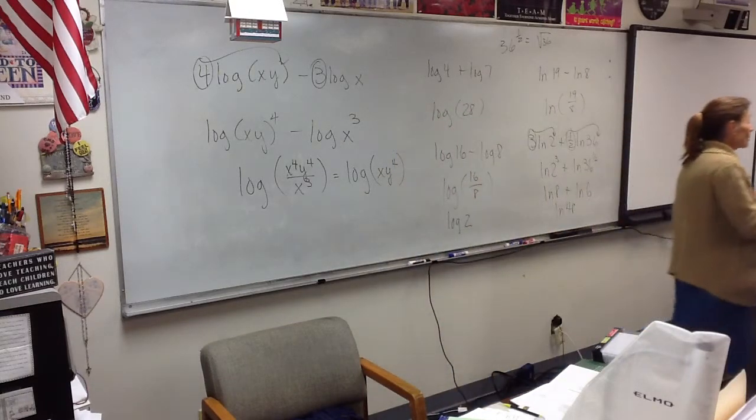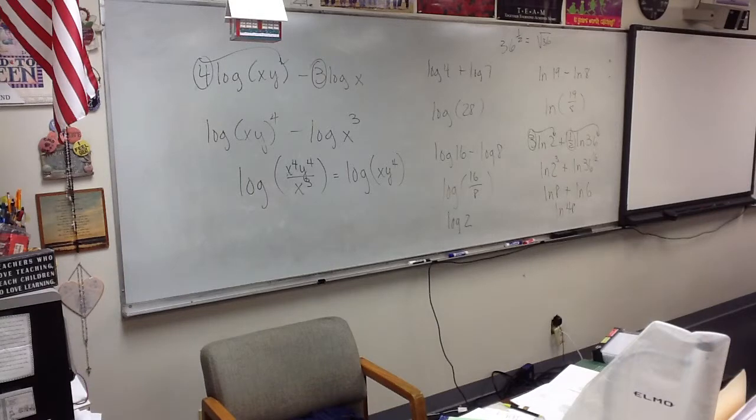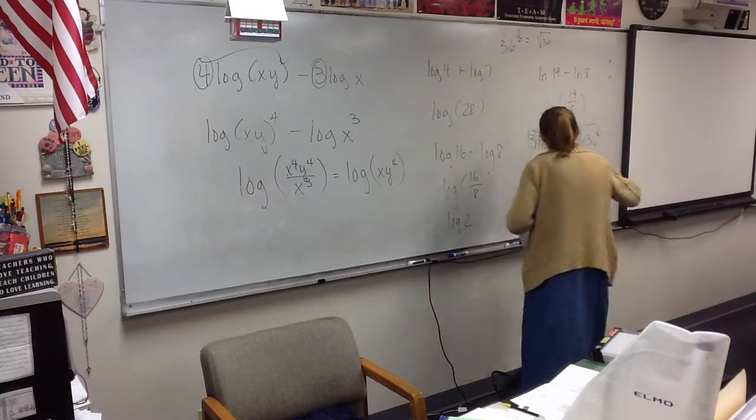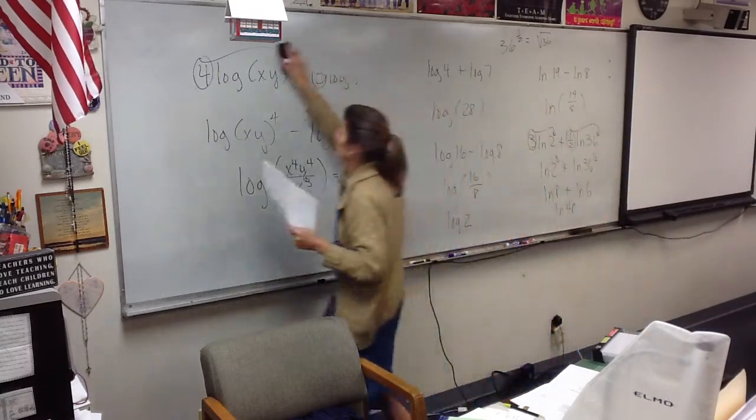Now, look at the next set of problems. These are the opposite. These are in one logarithm already, and you're going to pull them apart into 2 or more. So think about that for a second. Now we've got to put everything in reverse and think backwards.